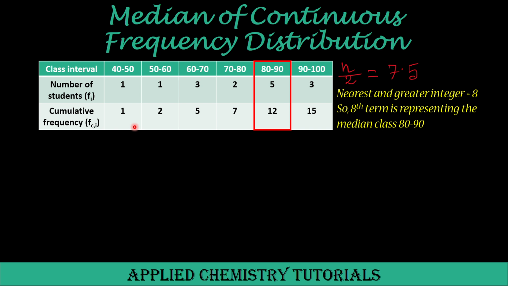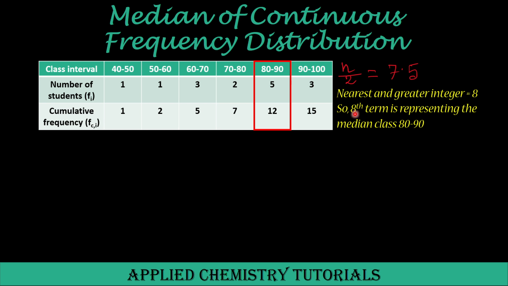As we have discussed in detail, the first term will fall into the 40 to 50 category, the second term in the 50 to 60 class interval, the third, fourth and fifth terms will be in the 60 to 70 class interval, the sixth and seventh terms will be in the 70 to 80 class interval, the 8th, 9th, 10th, 11th and 12th terms will be in the 80 to 90 class interval, and the 13th, 14th and 15th terms will be in the 90 to 100 class interval.